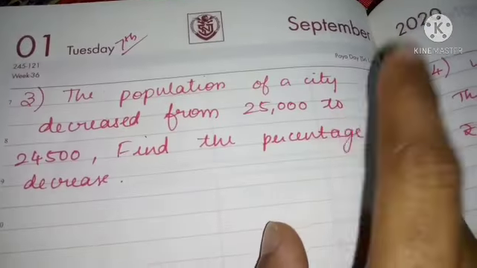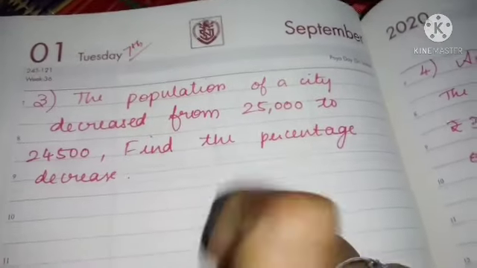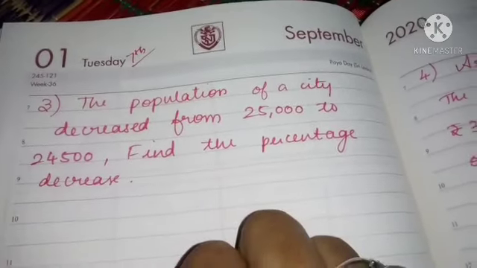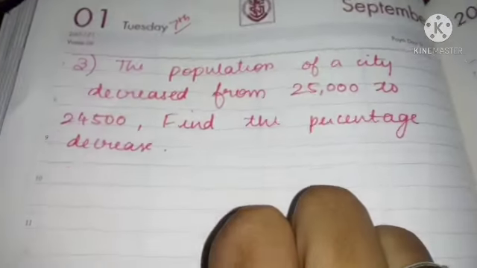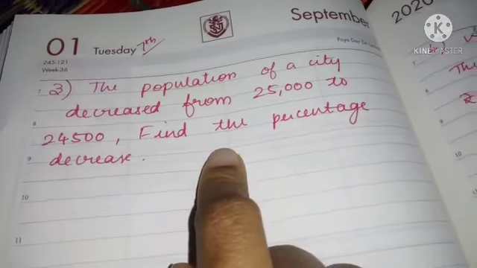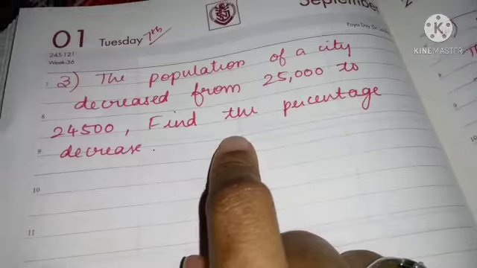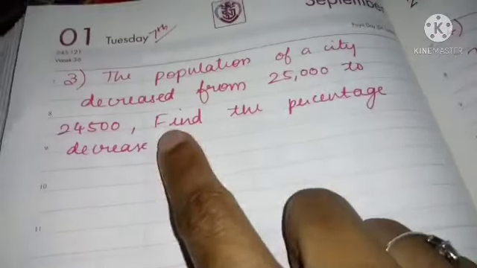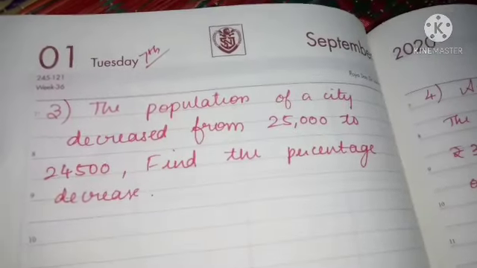What is the question? The population of a city decreased from 25,000 to 24,500. Find the percentage decrease. Increase in percentage, decrease percentage, we have discussed, right? That we should use here. So what is the initial population?